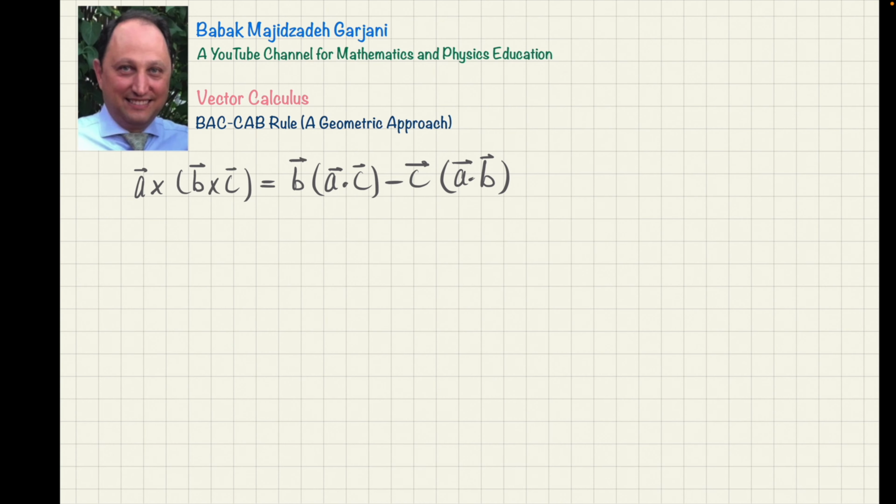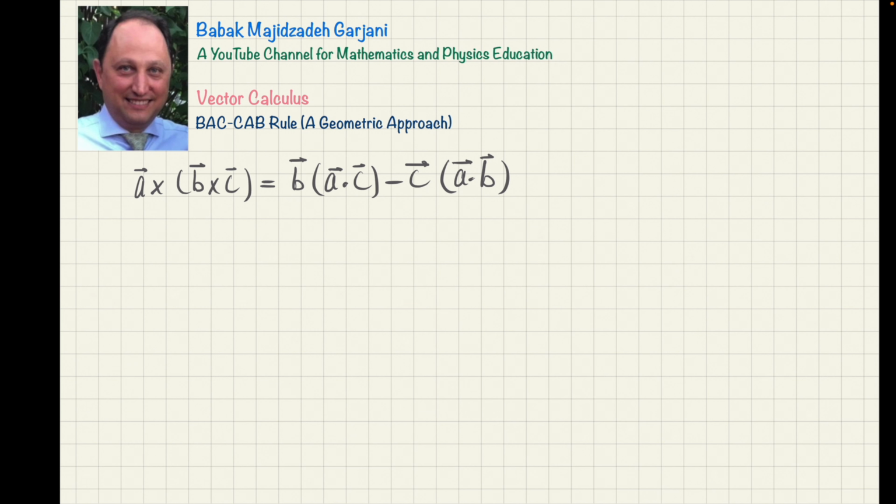As I promised in the beginning of the video, I want to prove the BAC-CAB identity using the tensor notation. I will not explain the details. I'm just presenting this for review for the people who already know these topics.